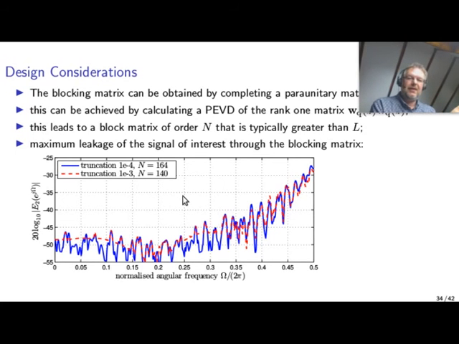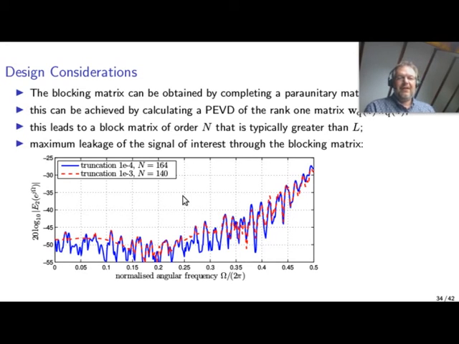So this is basically the consideration for the distortion that the blocking matrix introduces. The blocking matrix has to remove the signal of interest. This shows the maximum components that leak through this matrix with respect to our signal at every frequency. So this gives you an indication of how accurate this matrix is going to be.